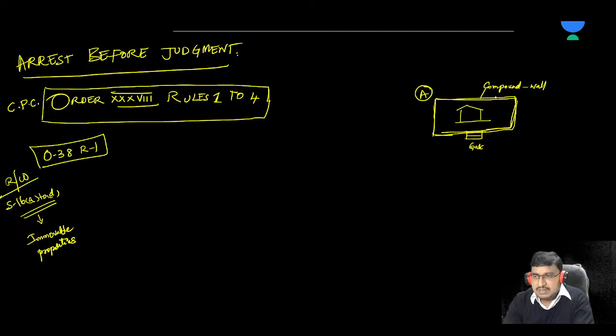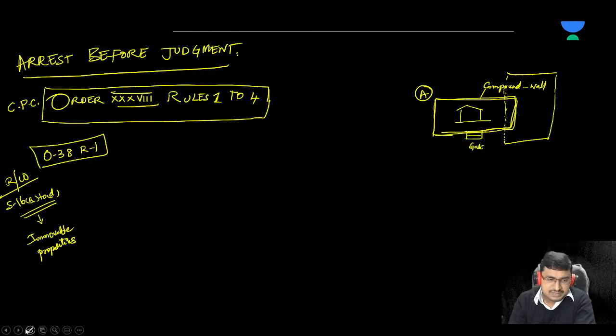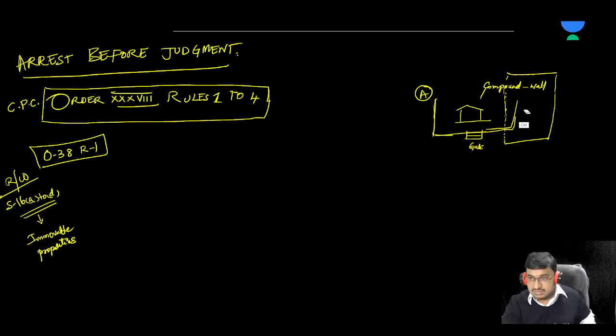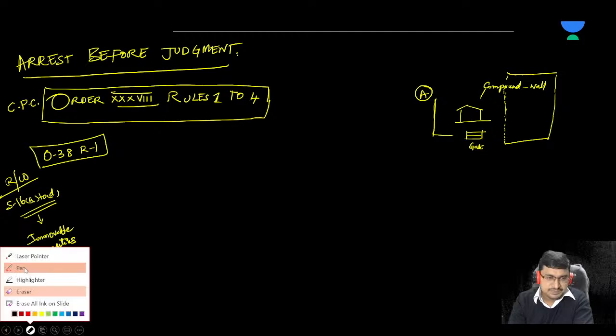But Mr. B claims to be the owner of the adjacent property. He claims to be the owner of this property. Here he has demolished the compound wall in this part.